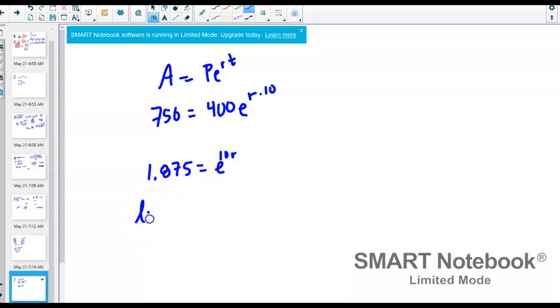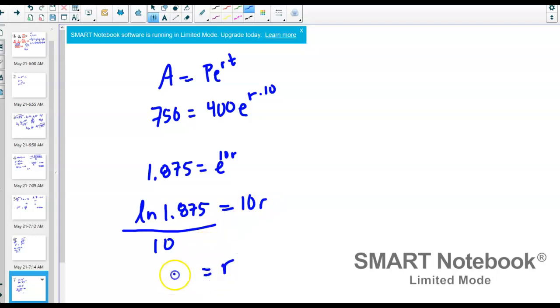And then I'm going to take the ln. I'm going to change form, so ln of 1.875 is equal to 10r. And then I'll just divide this by 10, and that'll tell me my rate. So my rate is equal to 0.063 if you round. Okay?